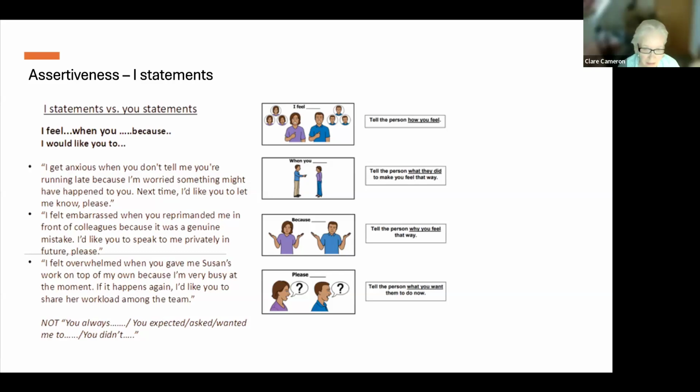It's very good for dealing with difficult people who upset you, because nobody can tell you how you feel. You can fight back and say, well, don't do that, or you always do this. But if you put it upon yourself, nobody can actually tell you how you feel.